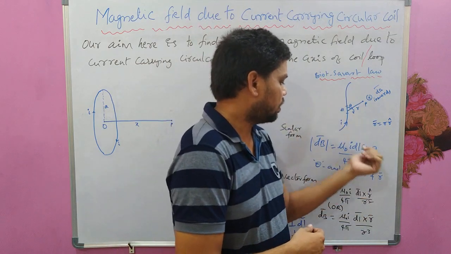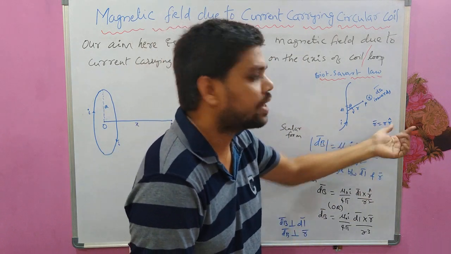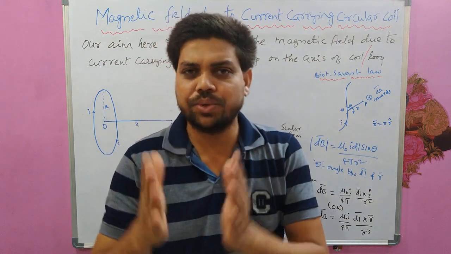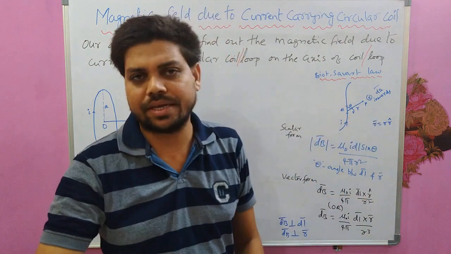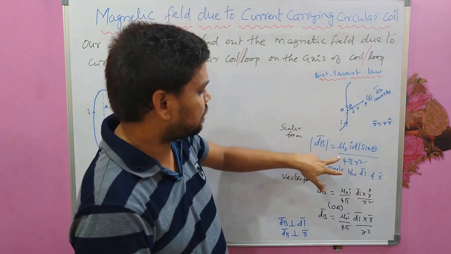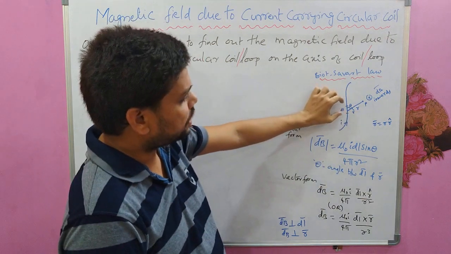That is this r bar, r bar equal to r cap. What is r cap here? It is the unit vector along the line joining dl to P. So this is the magnitude of the magnetic field at this point P due to the small current element dl.